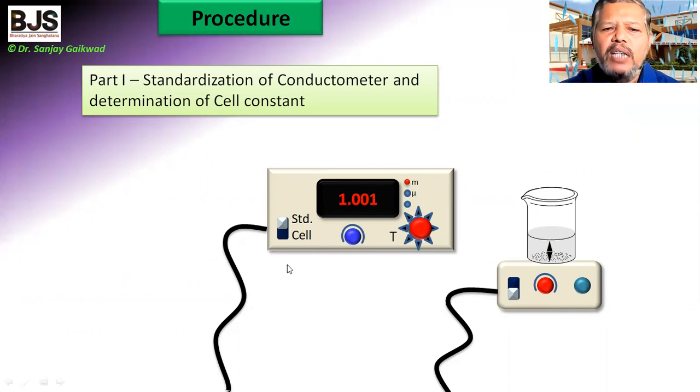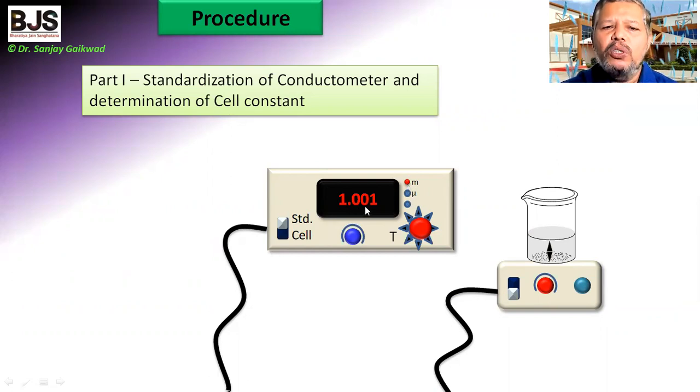Now when we are starting this and turn the knob on the standard, it is observed that the value is 1.001, and the light is on at milli, that is m. If it is on at mu, that is micro, the unit is 10 raised to minus 6, and this is the 10 raised to minus 3 unit.